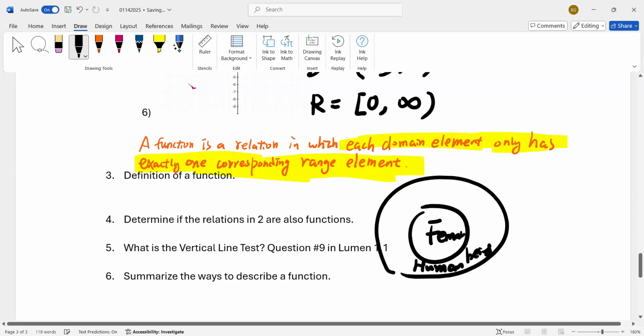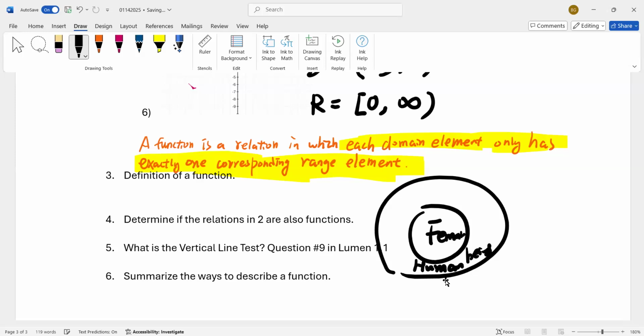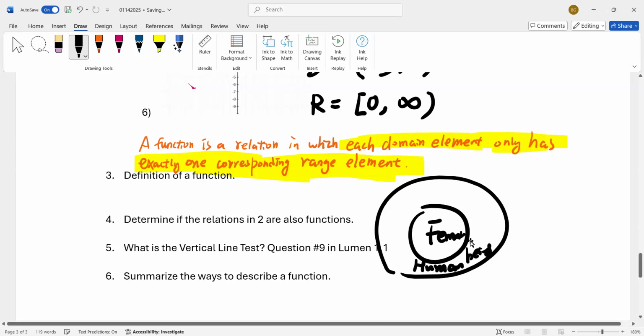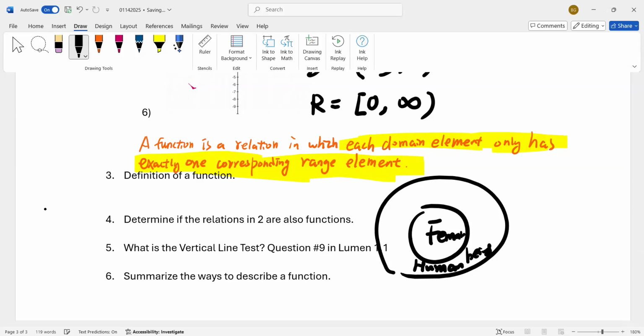Females have to be human beings first, but not all human beings are females. In order for a human being to be a female, certain conditions must be satisfied, right? Physically, mentally, psychologically, there are requirements that need to be satisfied in order for that human being to be a female. And the relation is very similar to relation and function.